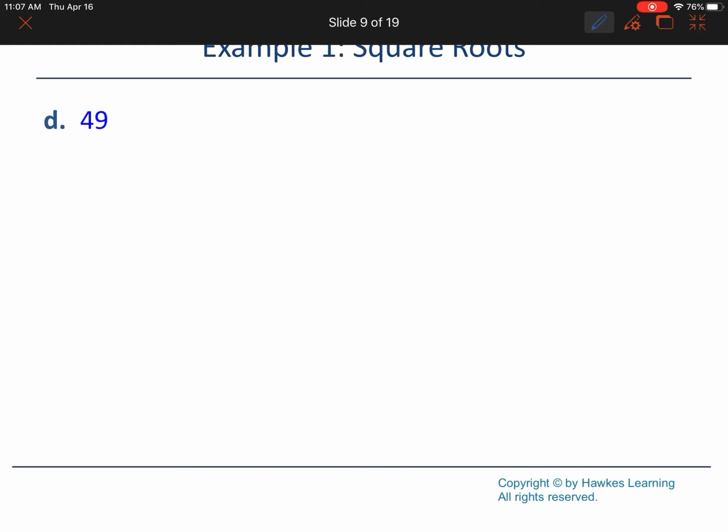So the square root of 4.41. Well, it turns out that this is still a nice square, even though it has a decimal in it. If we had just the number 441, then that would be 21 squared.